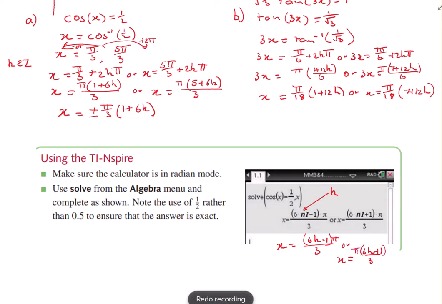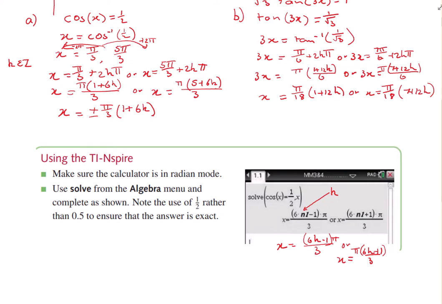So there's often more than one form you can get, but if you substitute in a value of k, you'll get the other form. So if you look at mine, I've got 5 plus 6k on 3. Well, how is that the same as 6k minus 1 pi?